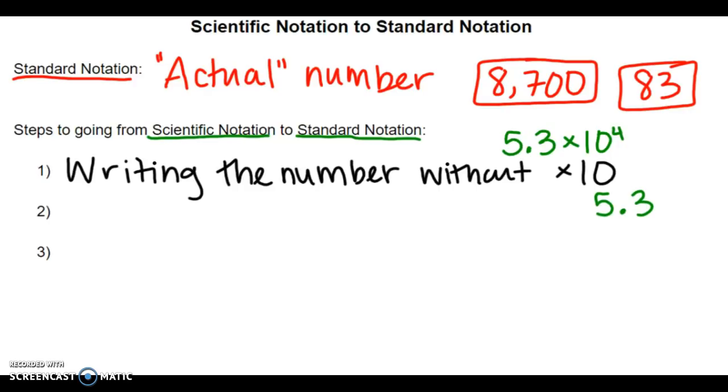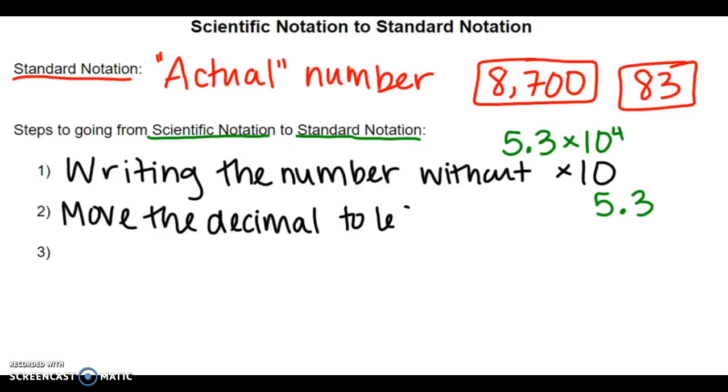So I have 5.3. The next step is we're going to move the decimal. We move our decimal to the left or the right, depending on what our exponent is telling us.